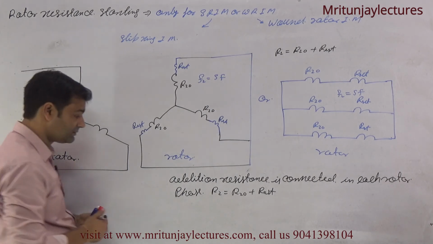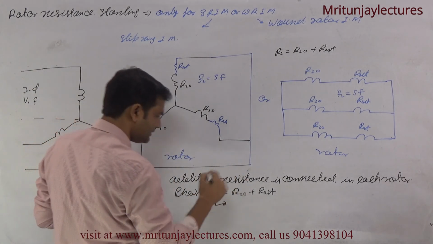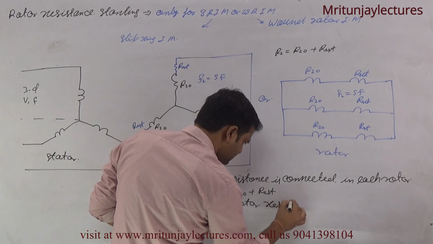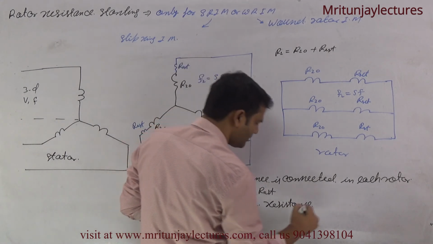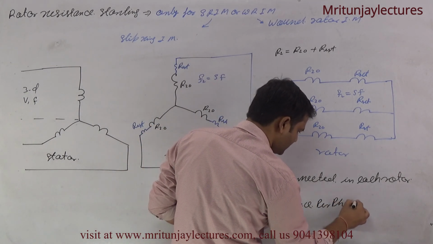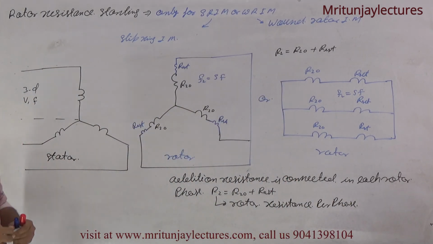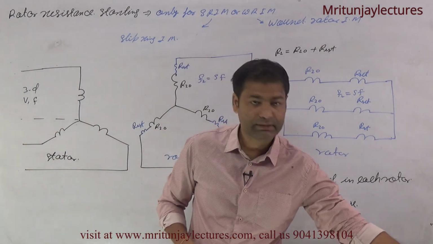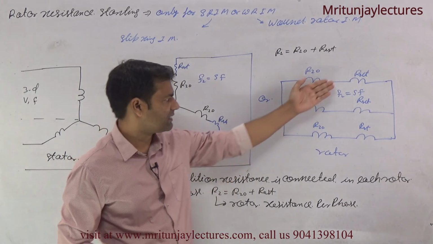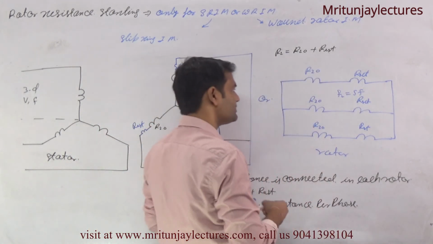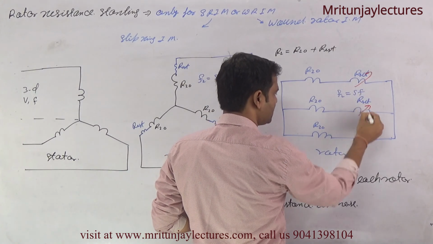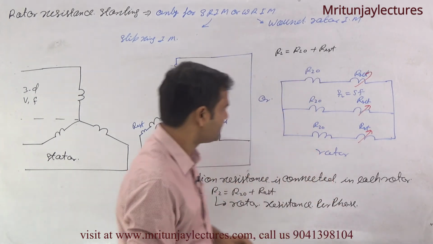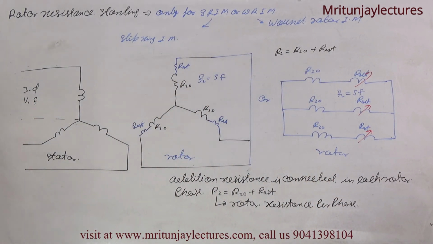So you can say that this is the rotor resistance per phase. First of all make it, after that we discuss: if some external resistance is added in each rotor phase, what is the effect on electromagnetic torque, starting torque, slip, maximum torque and so on. Okay, step by step.